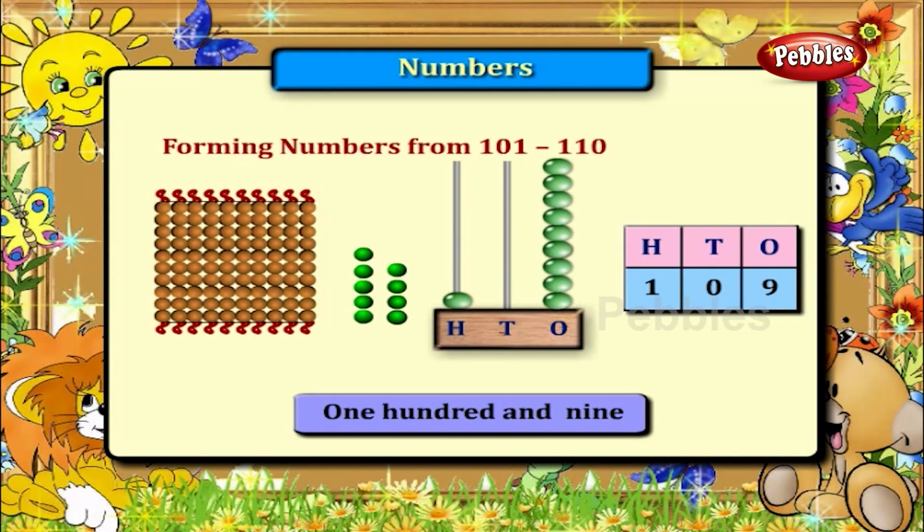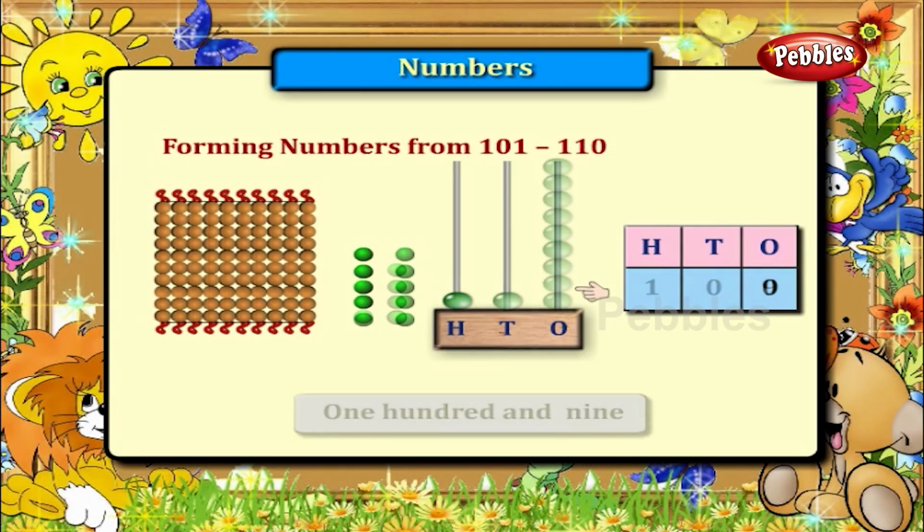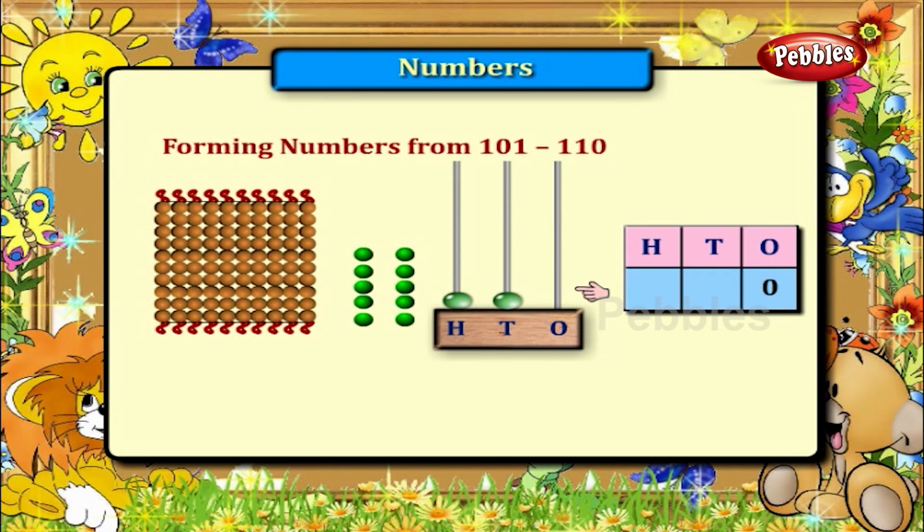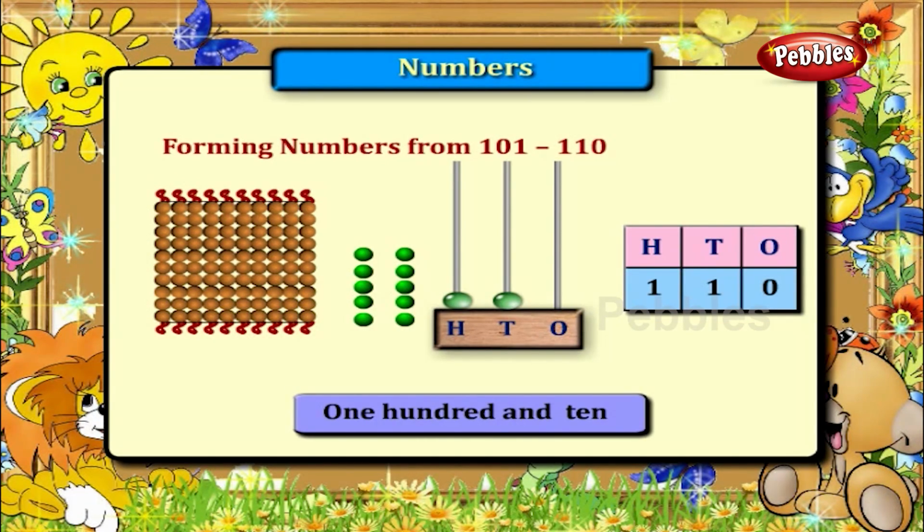This is number 109. We have no beads in the ones place. We have one bead in the tens place and one bead in the hundreds place. This is number 110.